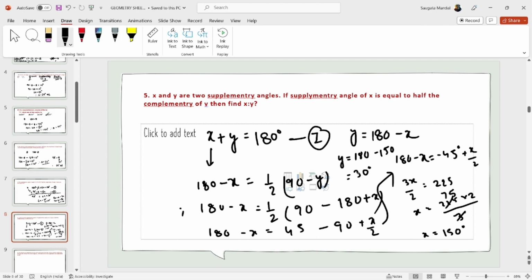In the question it is said to find the ratio x is to y. What is the value of x? 150 degree. And what is the value of y? That is 30 degree. Cancel out. 5 is to 1. This is the answer.